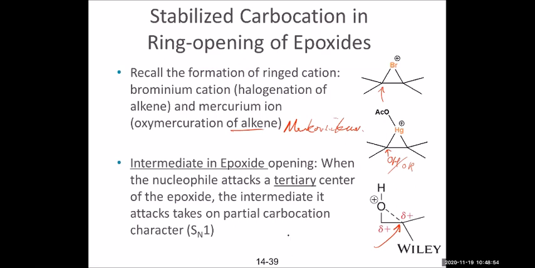So here it's basically the same, between this carbon and this carbon. Whichever has more carbon substituents better stabilizes the positive charge carbocation and is more likely to react with the nucleophile.